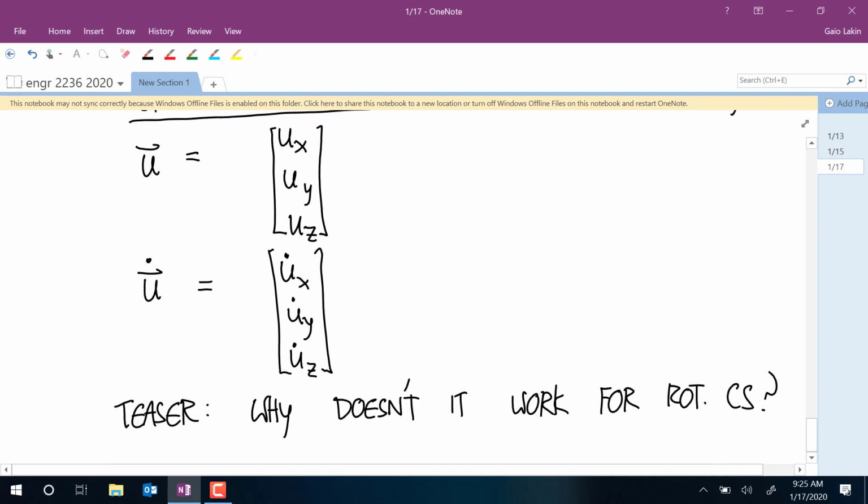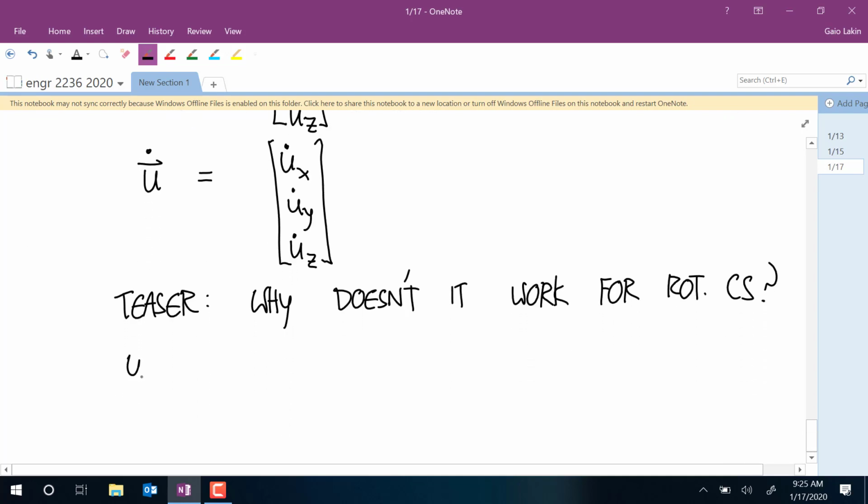Let me use this other notation that I'm sure you've seen in physics before: the meaning of that vector u is the x component times a unit vector in the direction of x, plus the y component times the unit vector in the direction of y, plus the z component times a unit vector in the direction of z.